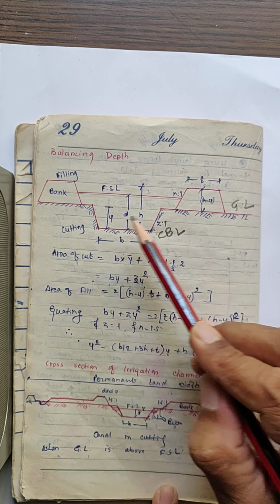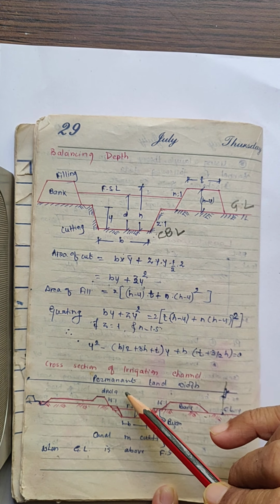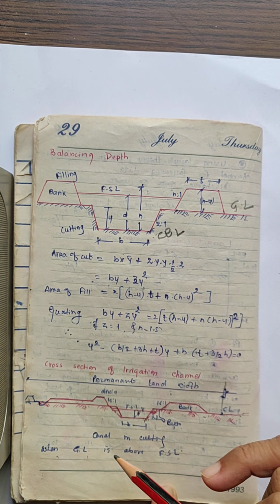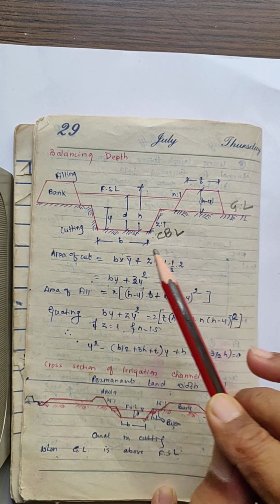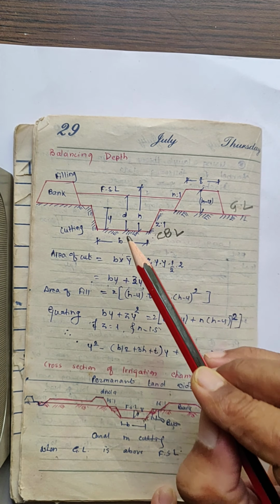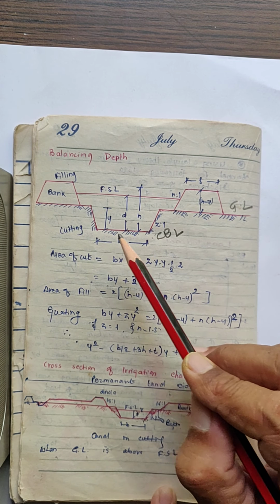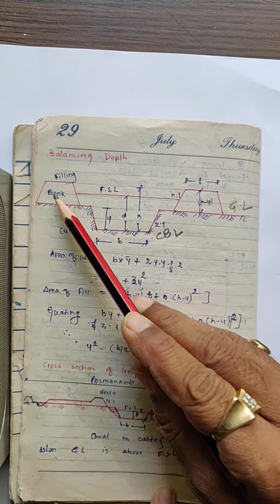Again, in partial cutting and banking, we will see the concept of balancing depth. Balancing depth means the depth of excavation is such that whatever volume we excavate, the same excavated volume we will use for banking.